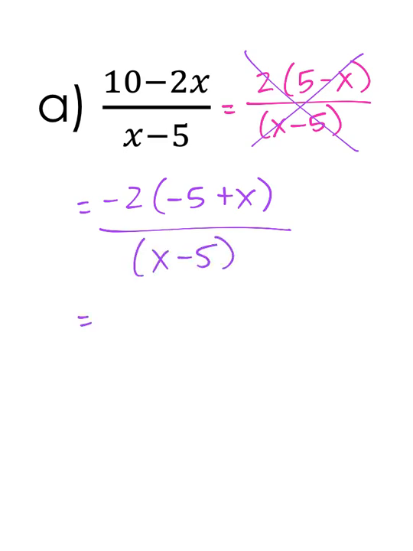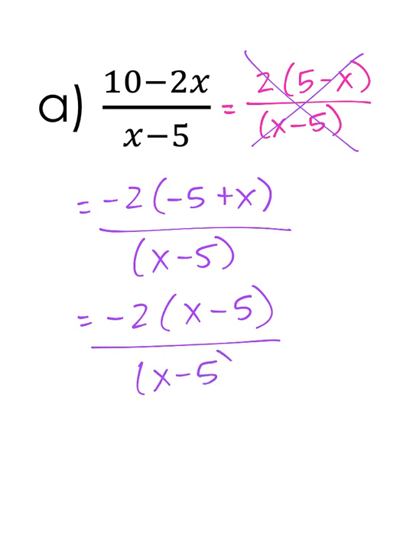And then I'm just going to rewrite this as x minus 5. And now I have the same term on the top and the bottom. I can cancel those out. And it just leaves me with -2. Now, it's not always just going to leave me with a number, but it could.